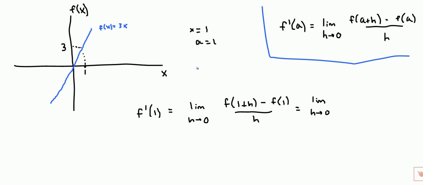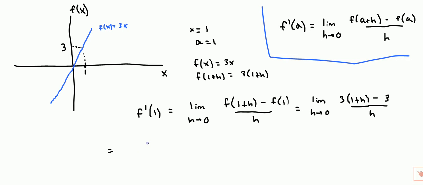Well, f of x is 3 times x. That means f of 1 plus h is 3 times 1 plus h. We just plug in 1 plus h where we see an x. So this is 3 times 1 plus h, minus f of 1. f of 1 we know is 3, all divided by h.